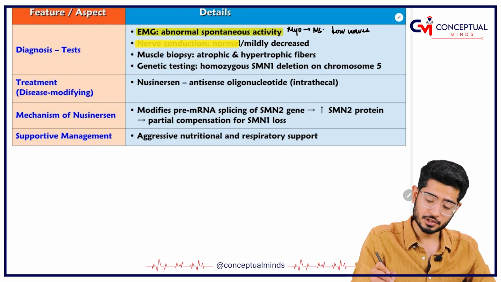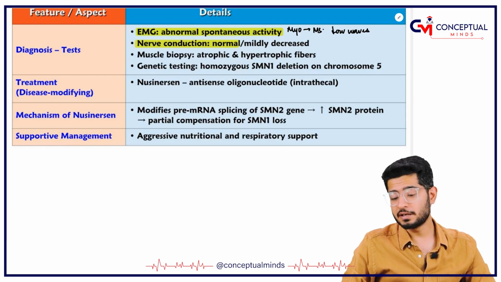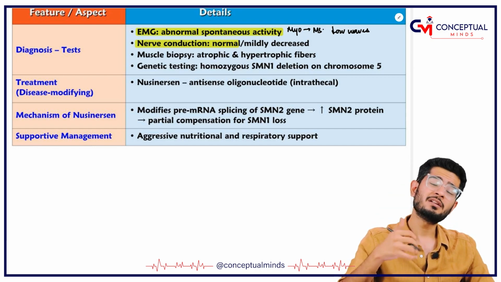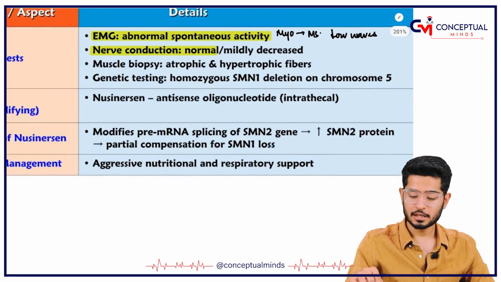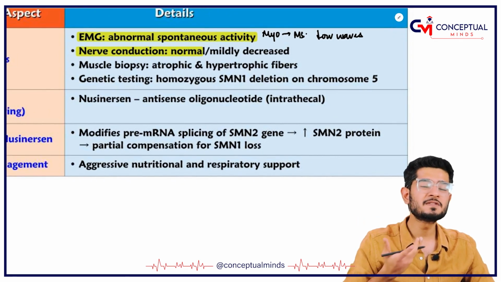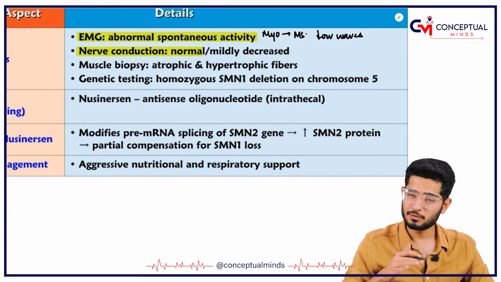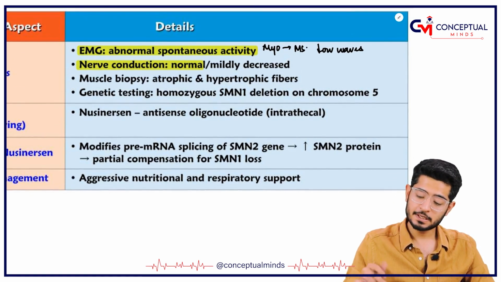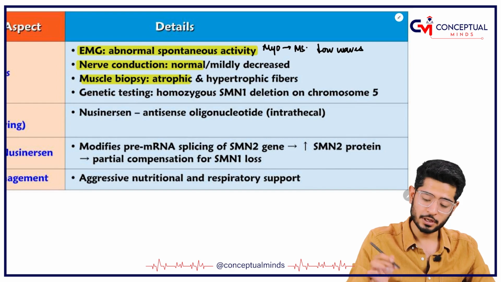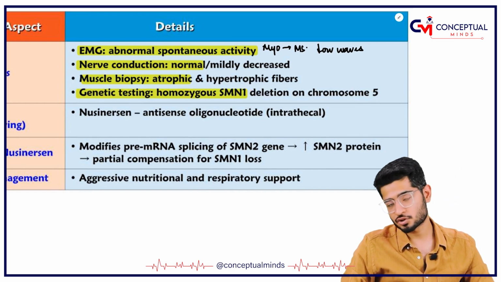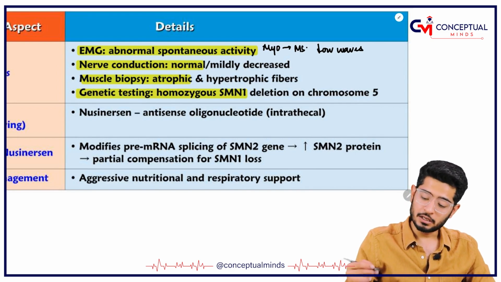Nerve conduction is normal, because by the time it manifests, the muscles have atrophied. Muscle biopsy will also show atrophy. Genetic testing might show SMN1 gene deletion.